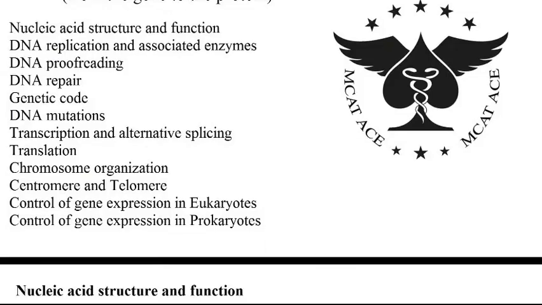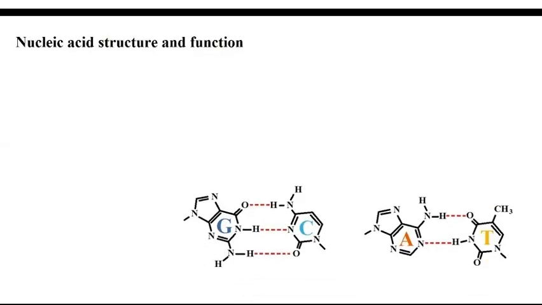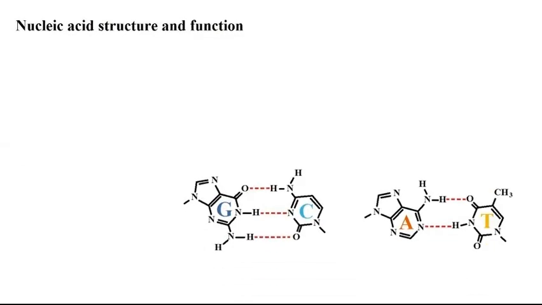Alright, so let's start right here with the nucleic acid structure and function. So basically the two types of nucleic acid that we are having is DNA or RNA. And DNA stands for deoxyribonucleic acid, while RNA stands for ribonucleic acid.